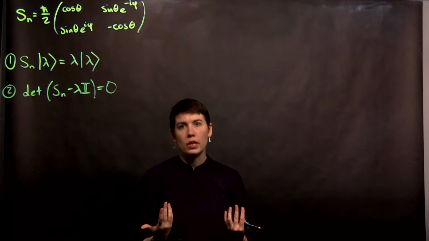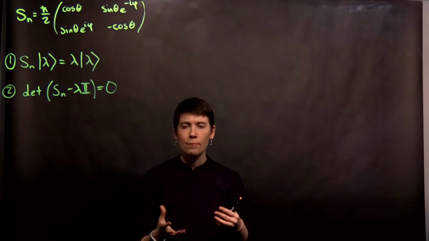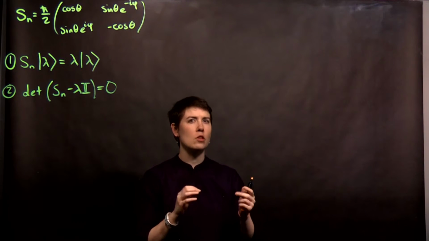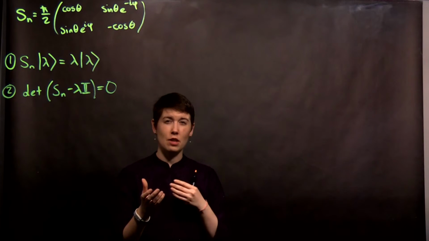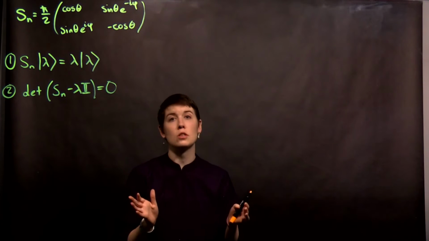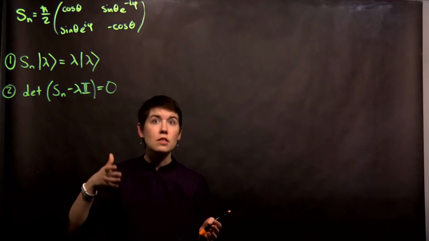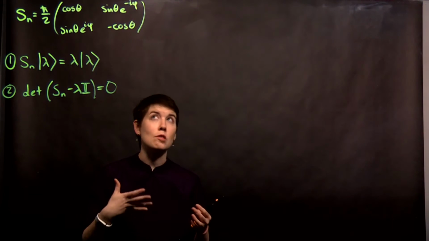Now the book, and what I typically call this, is diagonalization, but it's worth noticing that within linear algebra, diagonalization usually means finding this inverting matrix as well. We're not doing that. We're just trying to find the eigenvalues and eigenvectors, and in this case we're going to be expressing it in the z basis.